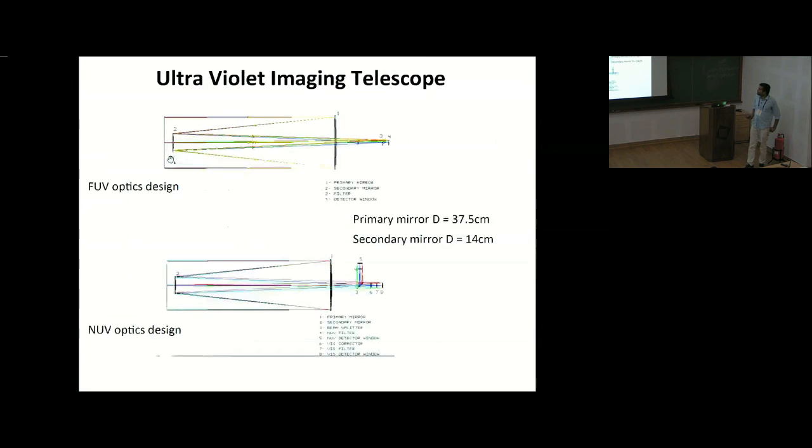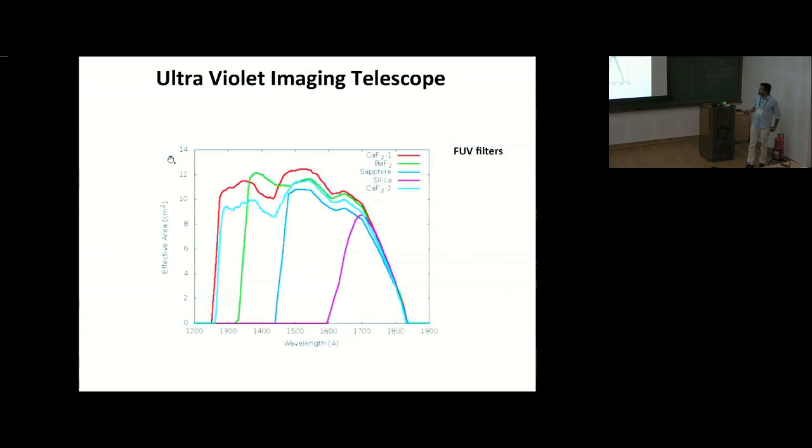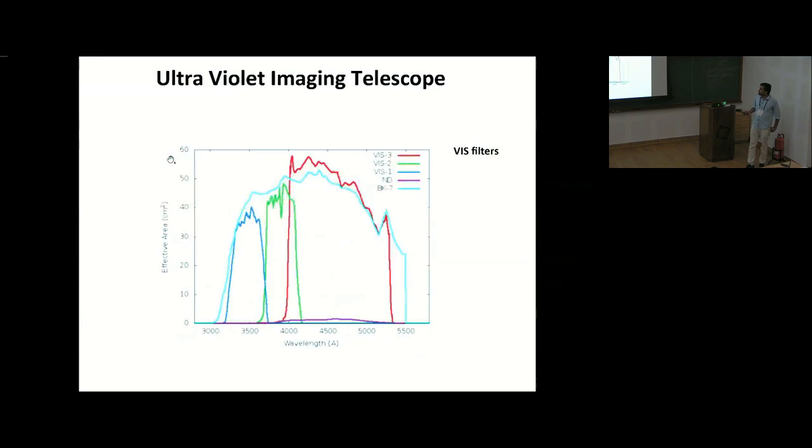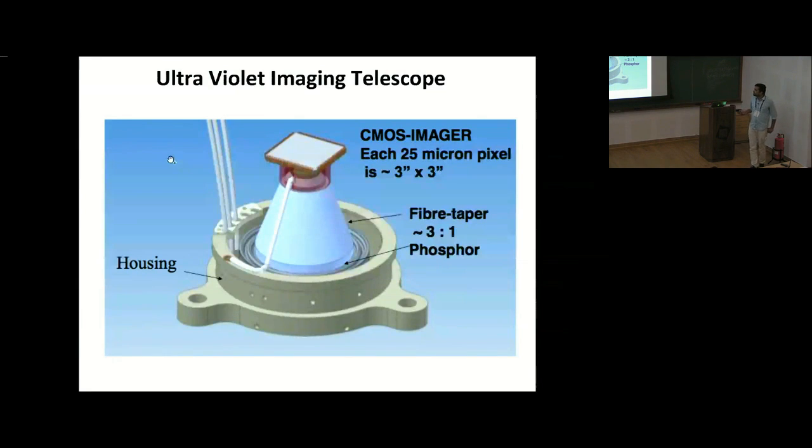This is a schematic of the telescope, the far UV optical design, and this is the near UV optical design. As I said before, the primary mirror diameter is 37.5 centimeters. We have multiple filters, so one can do narrowband imaging in far UV, near UV, and the VIS channel. The detector is a CMOS imager.